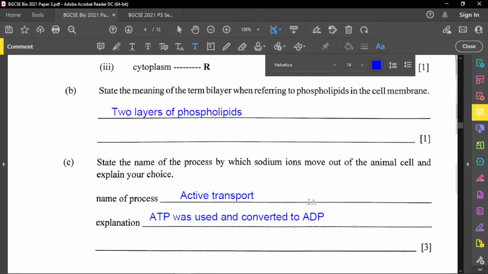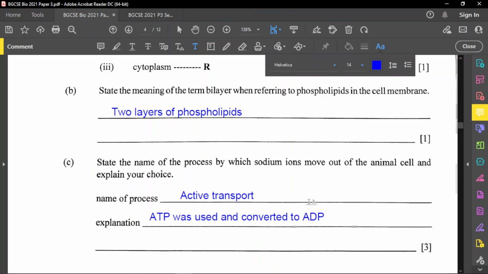Now, let's say you choose diffusion as your answer. What could have been your explanation? A logical explanation: a substance crosses the cell membrane, and it is not water. A substance crosses the membrane from one concentration to another, and the substance is not water. Because once it's water, it's going to be osmosis.